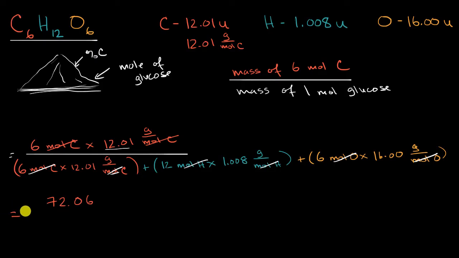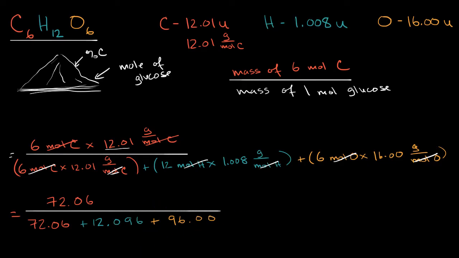And then in the denominator, I'm just going to do the pure calculation first, and then I'm going to worry about significant figures. So in the denominator, we have 72.06 plus, 12 times 1.008 is 12.096. And then we have plus 6 times 16 is 96.00.